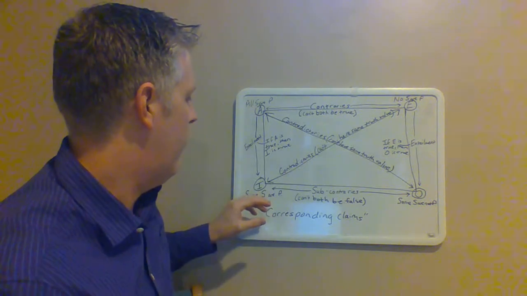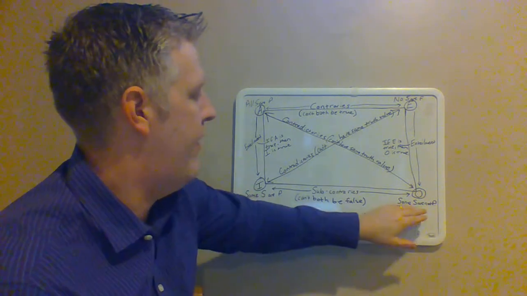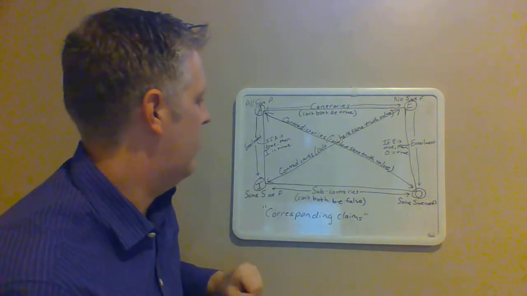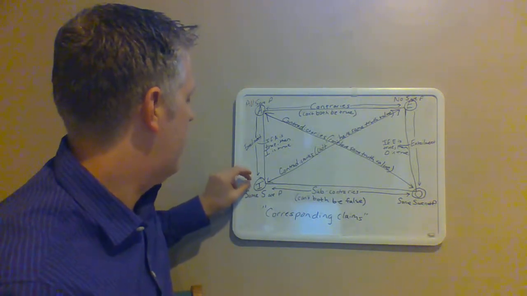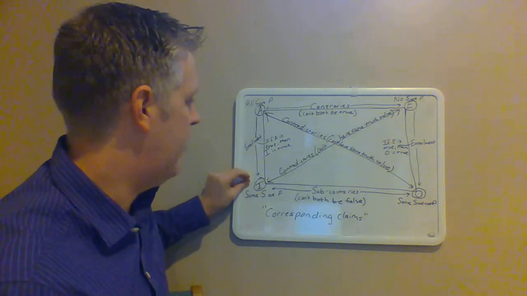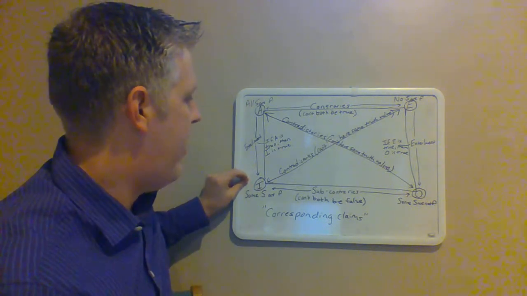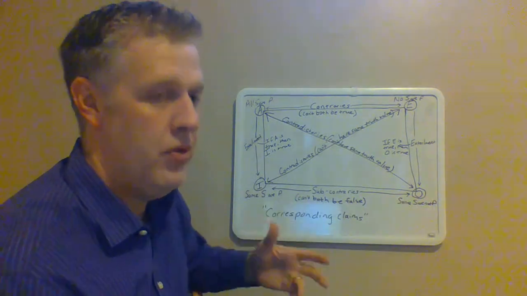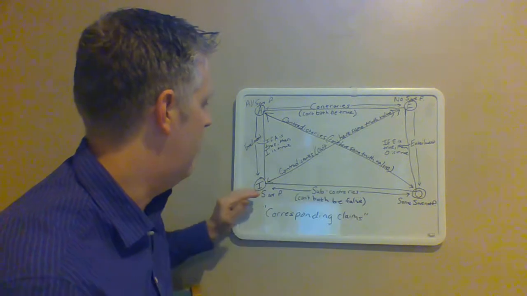If this one's false, then this one will have to be true, and if this is false, then this one would have to be true. So if we know that the I standard form claim is false, then we can automatically infer that the corresponding O standard form claim has to be true, because these will never both be false.